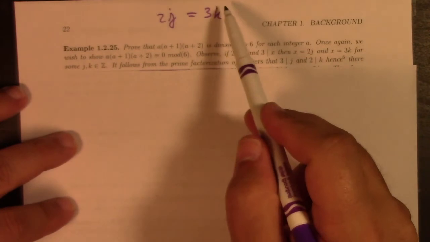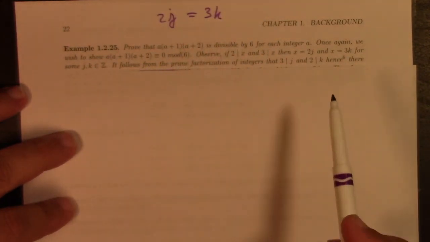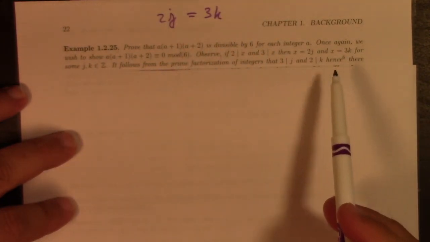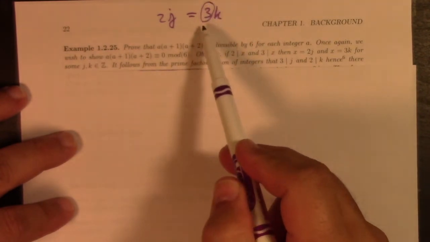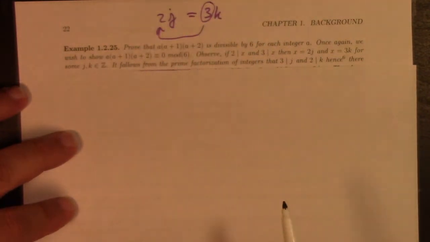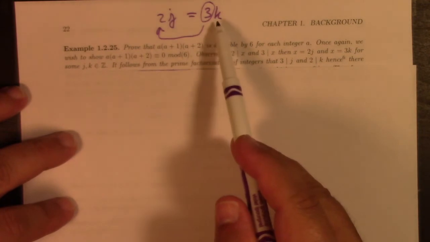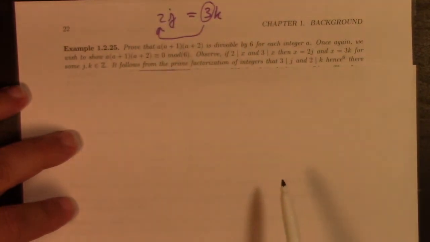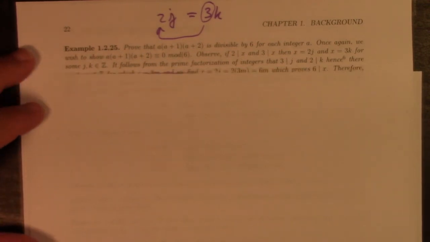And there's no way that this 3 is dividing the 2, right? So if 3 must be dividing j, then that's a consequence of the prime factorization of integers, which we'll talk more about here in a second.